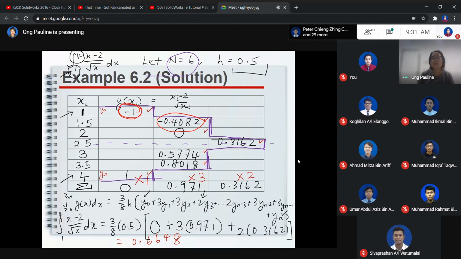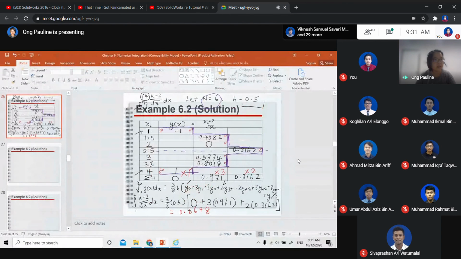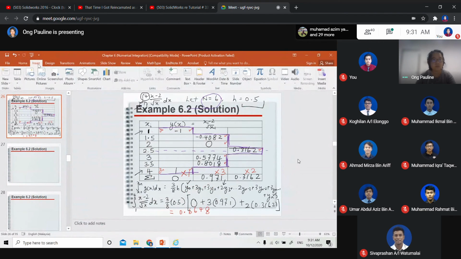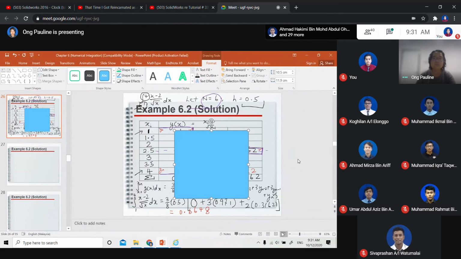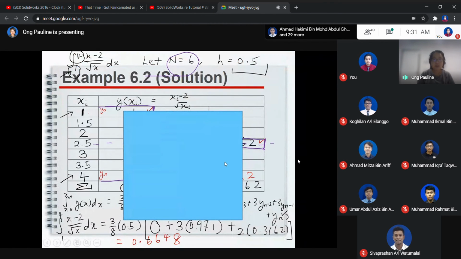Okay, so for this example, you know what the function is, so you just substitute it here. Okay, but for the other one, okay, later I will add a shape here. Alright. Okay, so for this example, you want to integrate from 1 to 4 of (x minus 2) over square root of x dx.